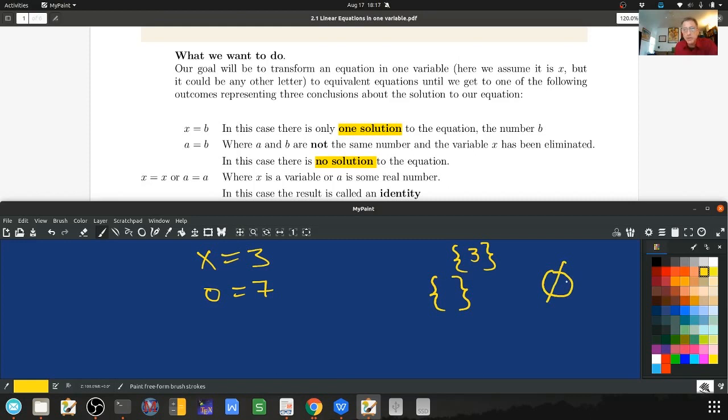And I'm pretty sure that's the symbol that the book uses, and that's the symbol that my math lab will want you to use. And the final case is something just like this. x is equal to x, where x is our actual variable. Or something like 5 is equal to 5. In that case, the solution set is the set of all numbers.